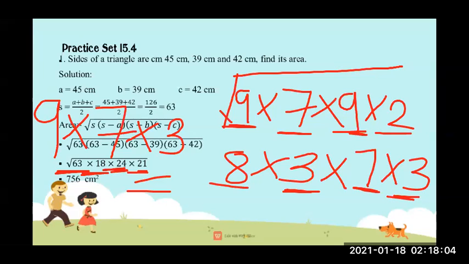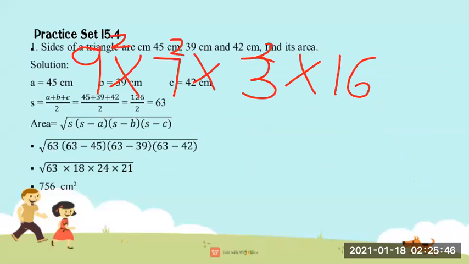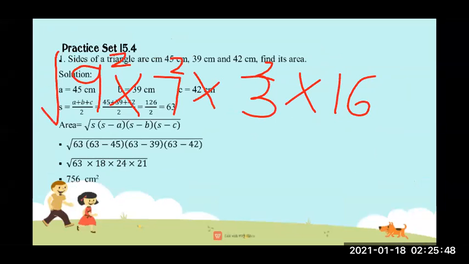So 8 twos are how much? 8 twos are 16. See, we got this: the square root of 9. After taking out the commons, we have to write 9 square, then 7 square, then 3 square, and then 16 we got, that is 8 into 2.